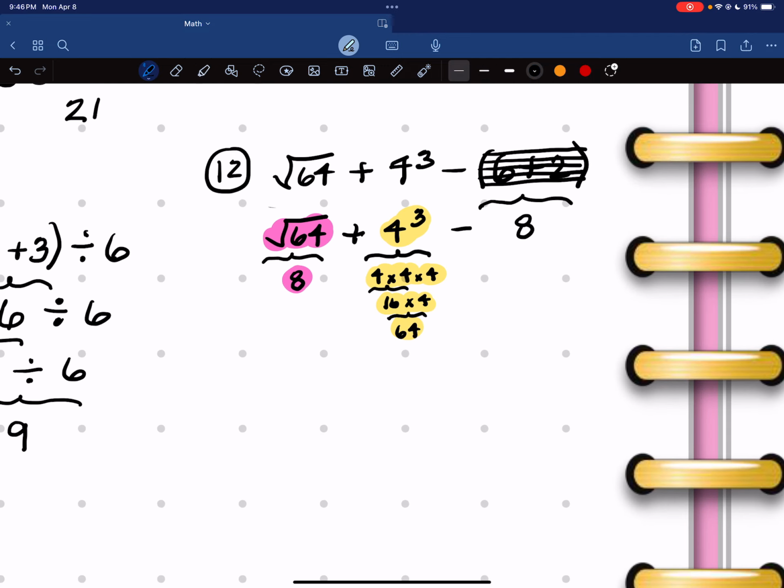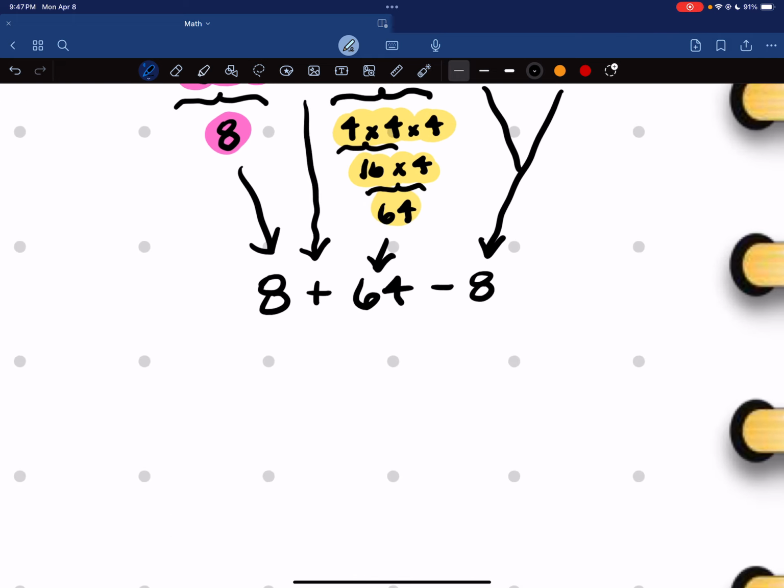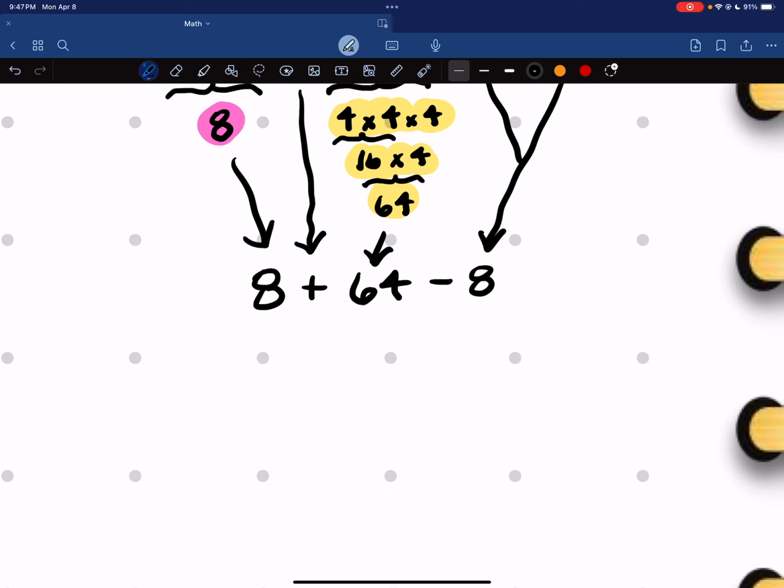I am going to bring all of these pieces down. There's that 8 plus that 64. Here's the plus sign. Then subtract 8. That's coming down from up here. And now we're going to multiply or divide. We don't have any of those.